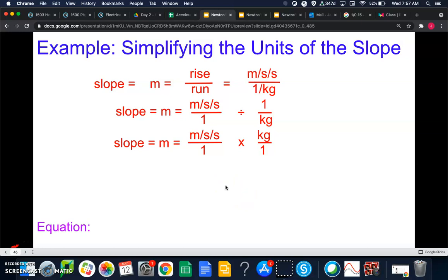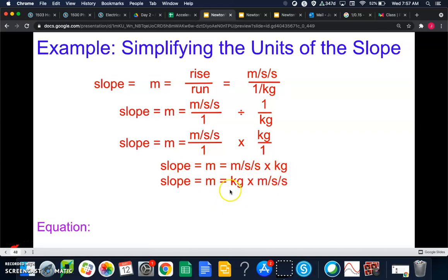When I multiply those together, we end up with our slope being meters per second times kilograms. I'm going to write it the other way, kilograms times meters per second. Remember that that is the same thing as a Newton.